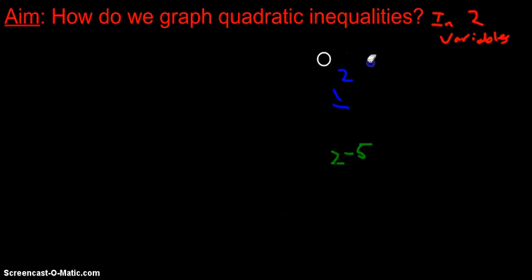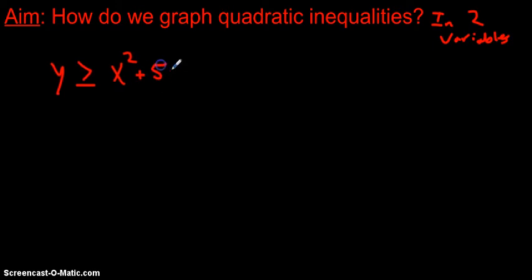Okay, so graphing parabolas. Let's just make one up. Let's use red: y is greater than or equal to x squared plus 5x plus 6. Firstly, if you have a graphing calculator, just substitute this into it and make a table of values and plot them.